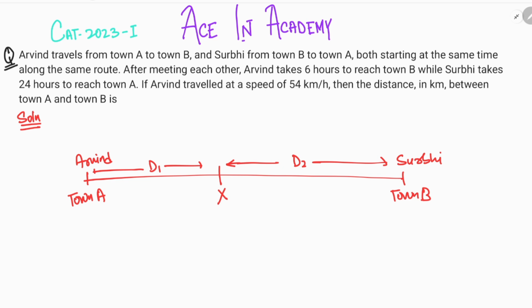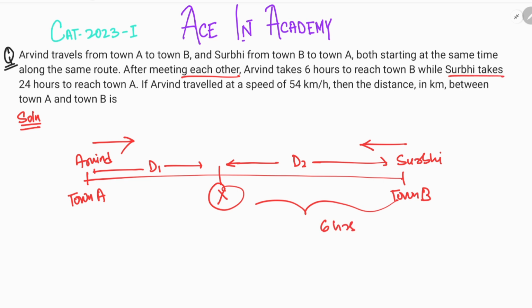Now what is given in the question? They are moving along the same route. Arvind is going from here to town B and Surbhi is going from here to town A. After meeting each other at this point X, Arvind takes 6 hours to reach town B. So the distance from X to town B is D2, and it is covered by Arvind in 6 hours.